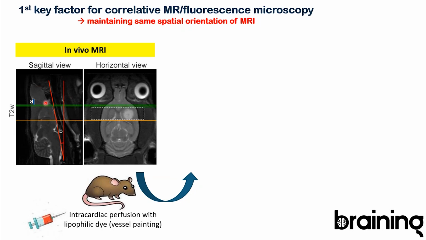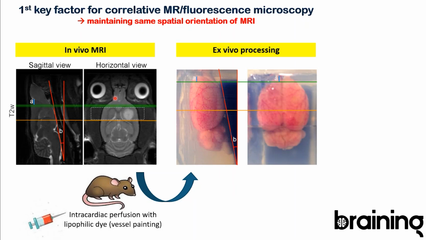So after I do the perfusion and I extract the brain, you see here the brain after the vessel painting. Basically, you can nicely appreciate the vessels, which are nicely stained, at least the biggest ones. So what we simply did was reproduce ex vivo what we saw in vivo.